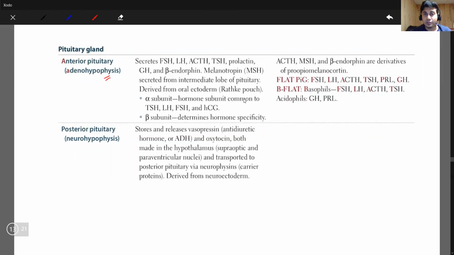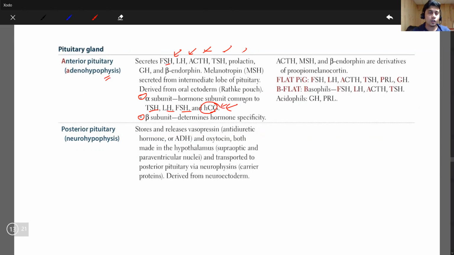Now, the anterior pituitary, as you can see, secretes FSH, LH, ACTH, TSH, prolactin, and so on. And one thing you should remember, these hormones have two units. One is the alpha subunit, one is the beta subunit. And what is found is that the alpha subunit of these hormones is common to all. That means TSH, LH, FSH, HCG, although HCG is not secreted from the pituitary gland, it is secreted from the placenta.